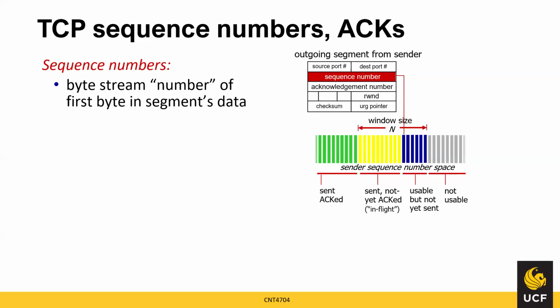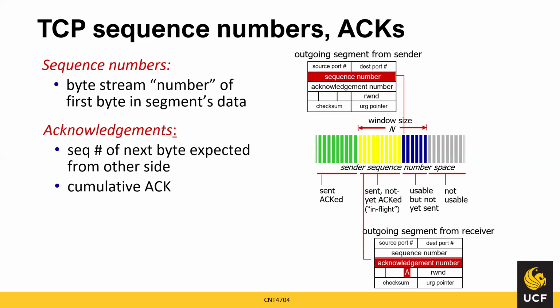So going back to the structure of this segment, here we can see the sequence number inside the header. This number lets the receiver know exactly where each piece of data fits within the byte stream. And then the window size represents the number of bytes that we can send before needing an acknowledgement. And then we also have the acknowledgement number.